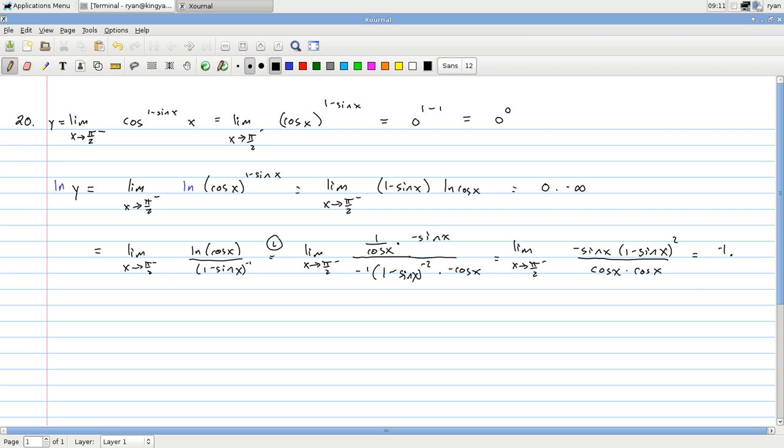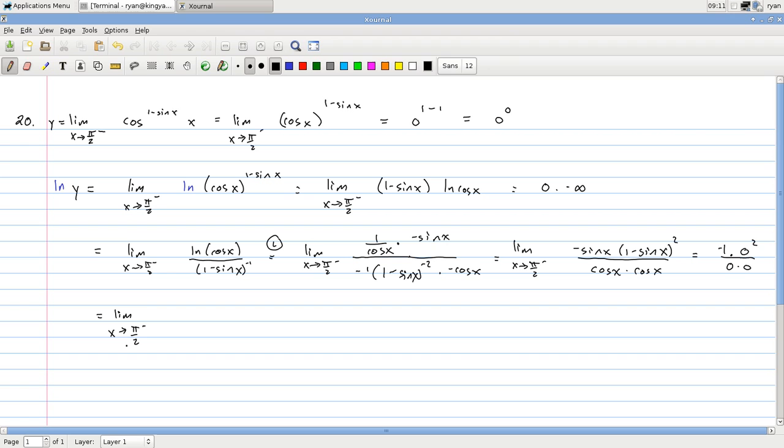If we try this again by direct substitution, we've got sine of pi over 2, which is 1, so this gives us 0 squared. In our denominator, cosine of pi over 2 is 0, and cosine of pi over 2 is 0. So it's still of the form 0 over 0. So we want to maybe try L'Hopital's rule again. But this is starting to look really ugly. So let's maybe simplify this limit a little bit by breaking this into separate pieces.